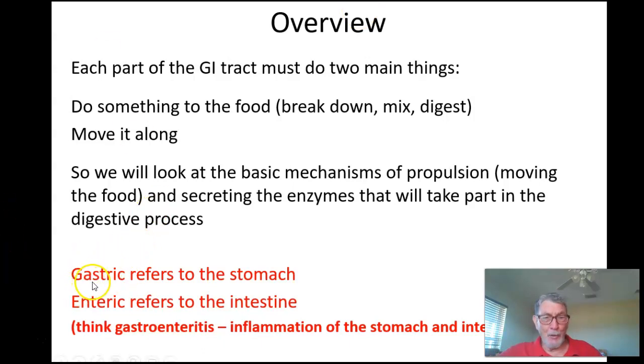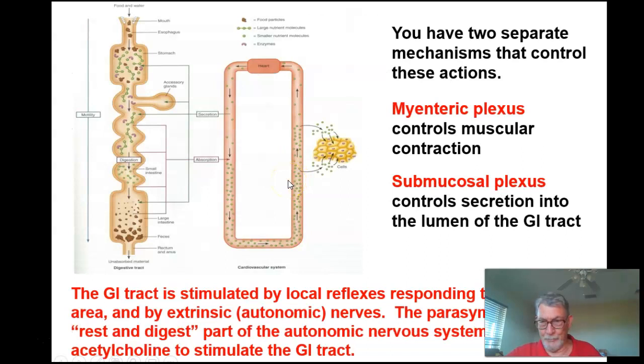So remember that gastric is the stomach. So gastric juice is stomach acid and other juices. And enteric refers to the intestine. Also, pancreatic refers to the pancreas, and hepatic refers to the liver. And those are the main things that are going to be operating here to get our food digested and absorbed.